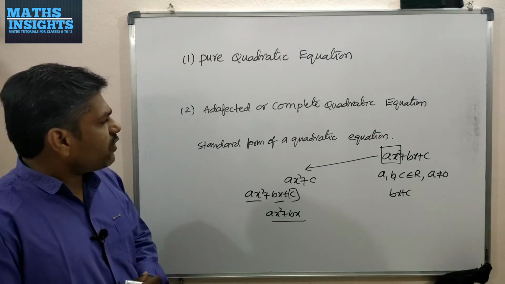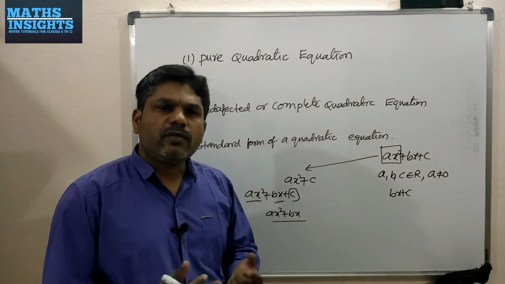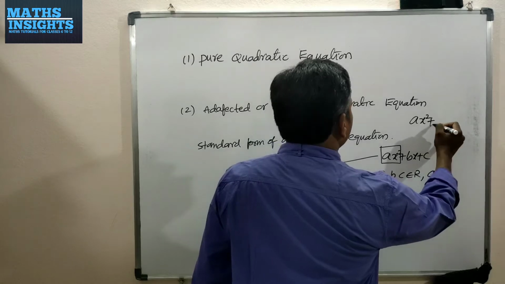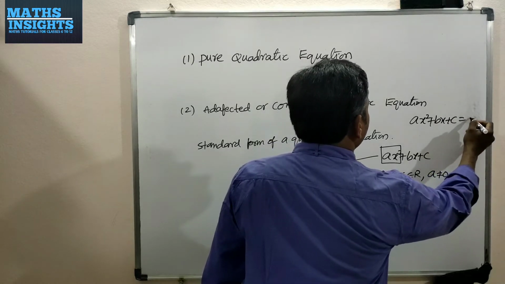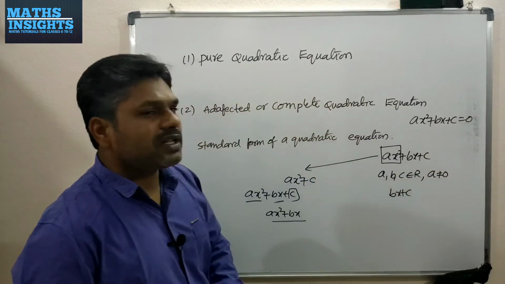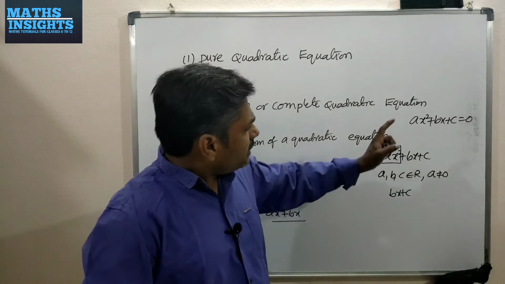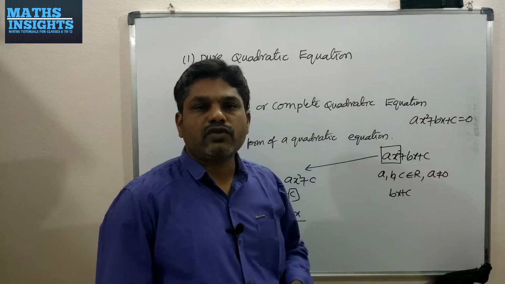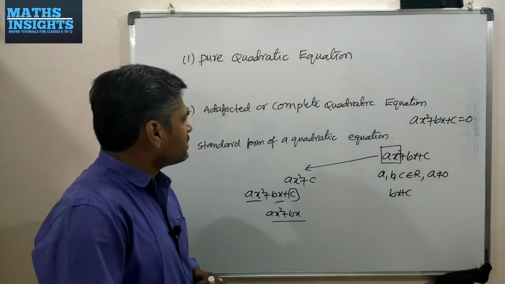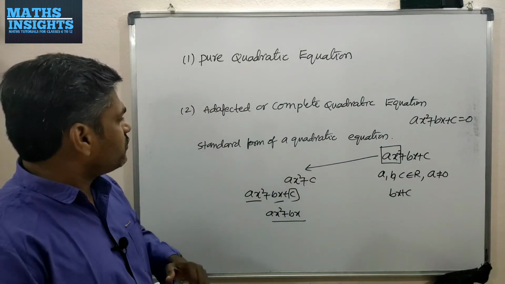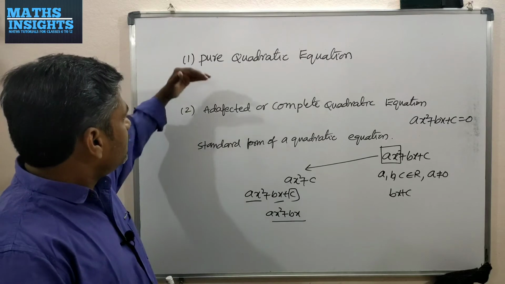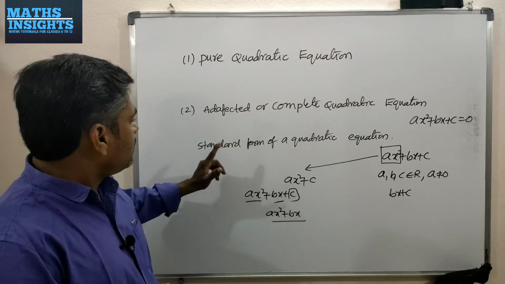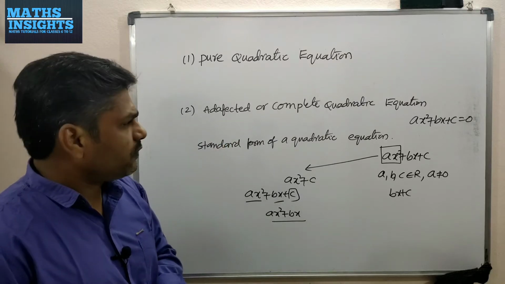Finally, the standard form of a quadratic equation. Everybody knows the standard form of a quadratic equation is ax square plus bx plus c is equal to 0. Here a, b, c are real numbers and a should not be equal to 0. Then the question arises, and students may be confused, about the difference between the purely quadratic, unaffected and standard forms of a quadratic equation.